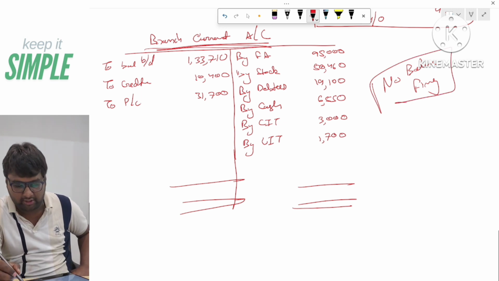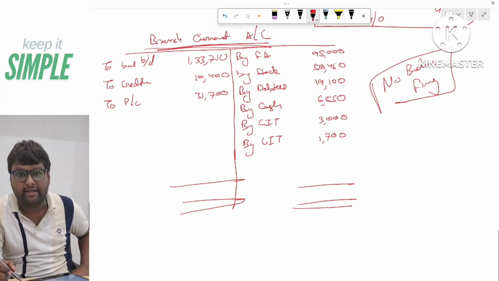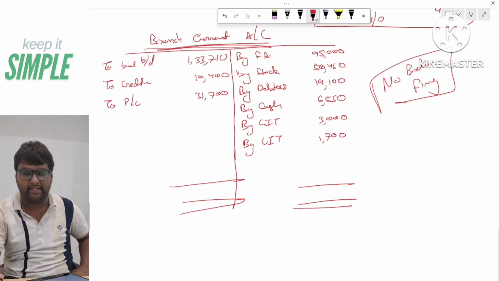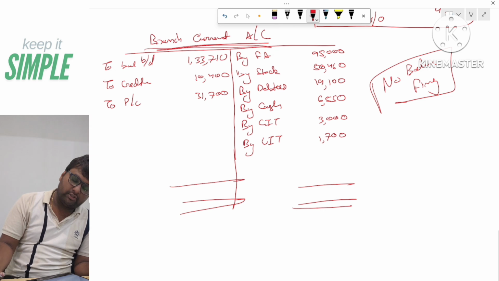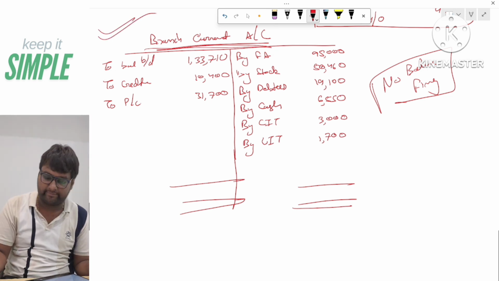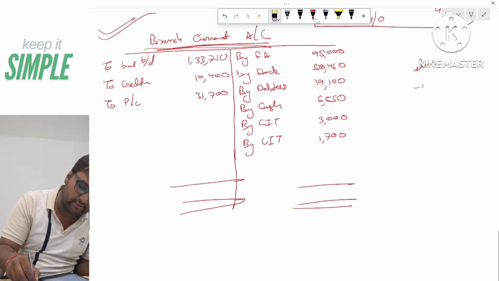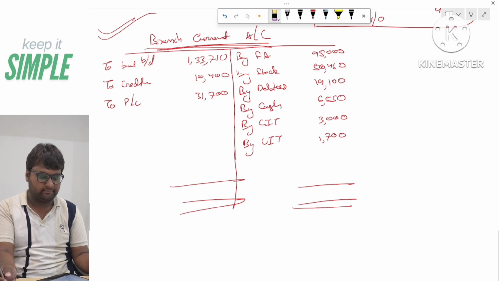Because while preparing the consolidated balance sheet, we saw that branch balance is becoming nil. So this is after preparing the consolidated balance sheet. So this should tally and the balance should become nil.